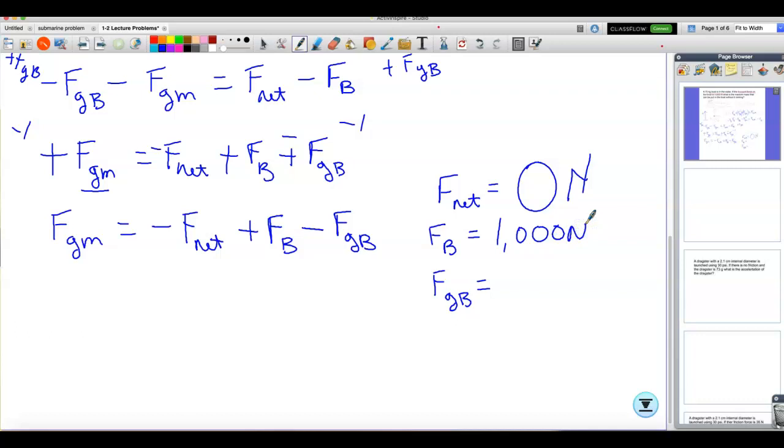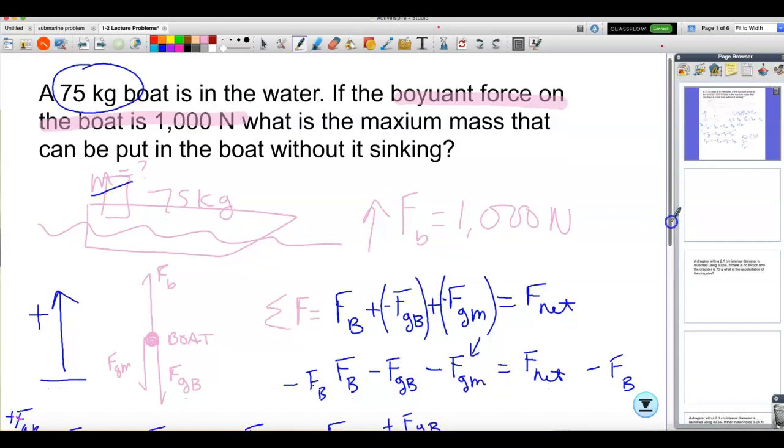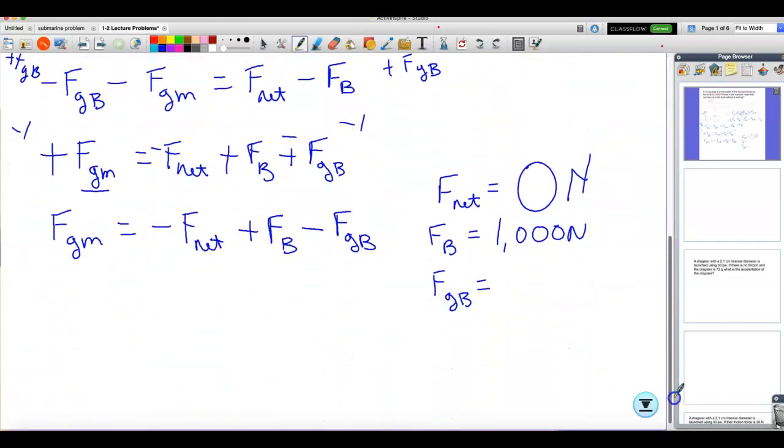What's the gravitational force of the boat, or the weight of the boat? Well, we have the mass. The problem tells us it's 75 kilograms. If we look on our formula sheet, to calculate the weight, that's the mass times the gravitational acceleration. So the mass is 75 kilograms times our gravitational acceleration.